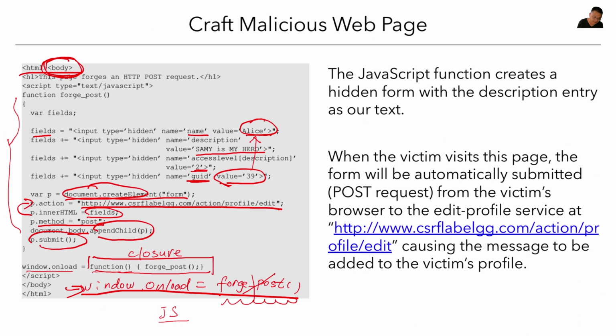But at that time, the window hasn't been loaded yet. So the DOM model has not been created yet. So when you try to execute this, it's actually going to return an error here. But it's fine to reference this when you define a function.